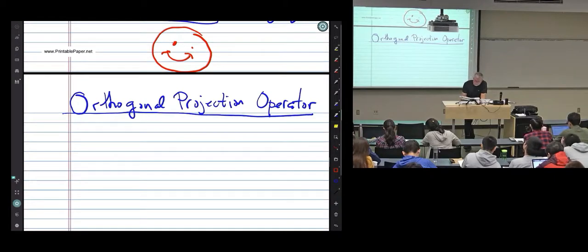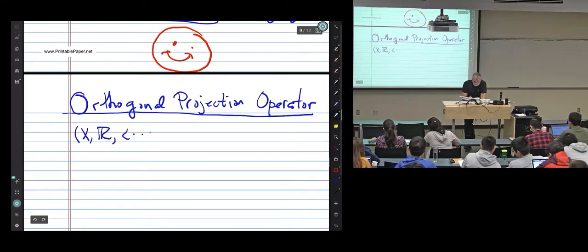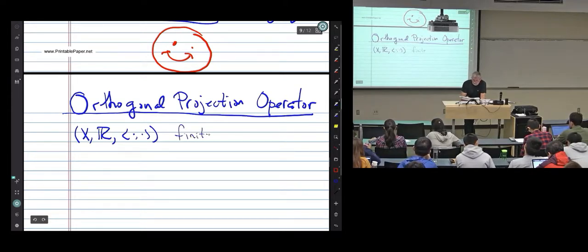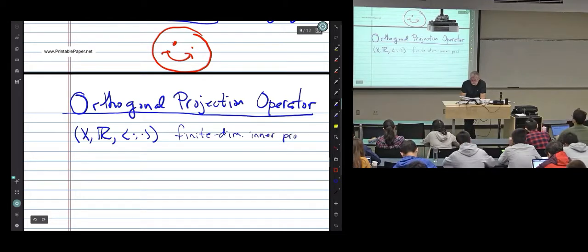X is a finite dimensional vector space. Actually, inner product space. And we have some subspace of it.